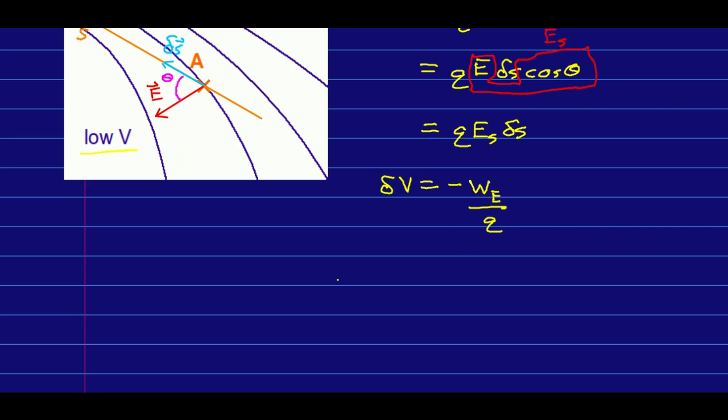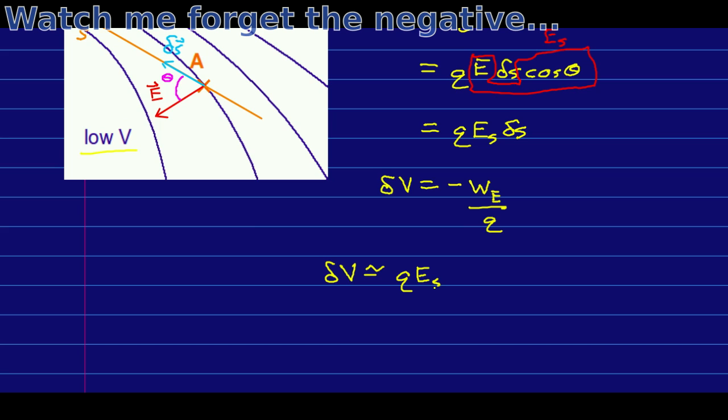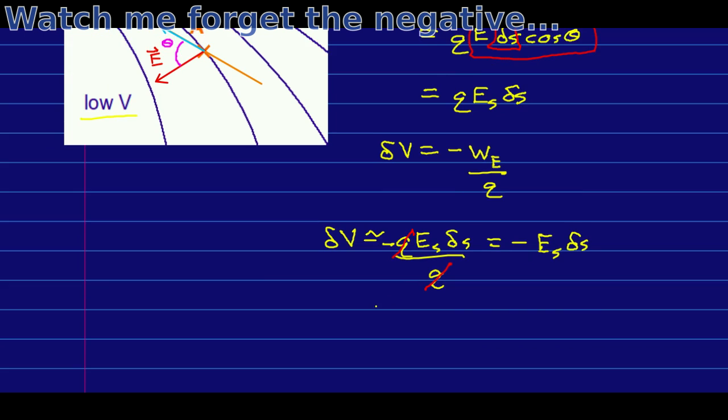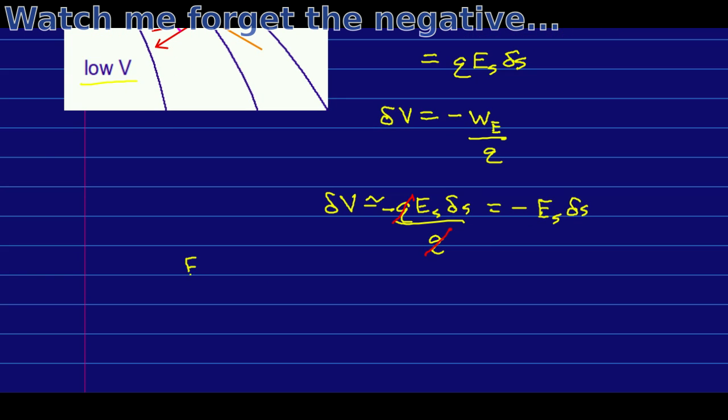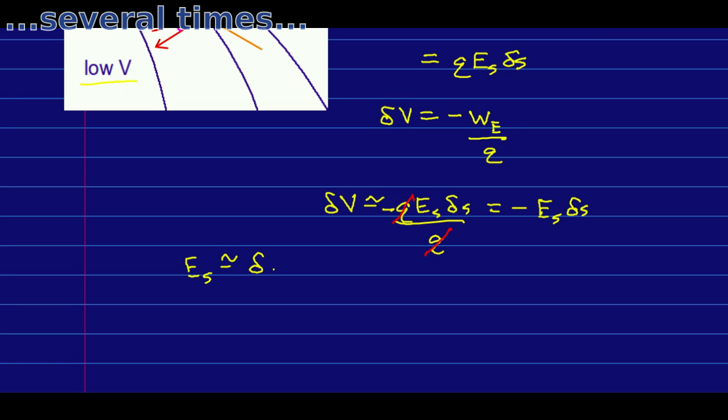And so that is approximately all of this expression over Q. And so, as always, the charge, we're thinking of this as a probe charge, has to cancel out. Well, this tells us that our S component of the E field is approximately delta V over delta S.